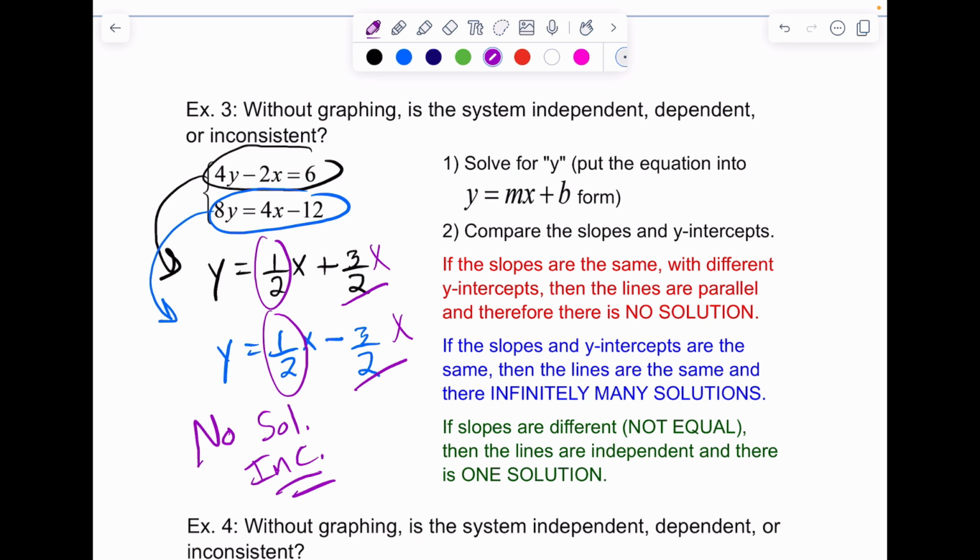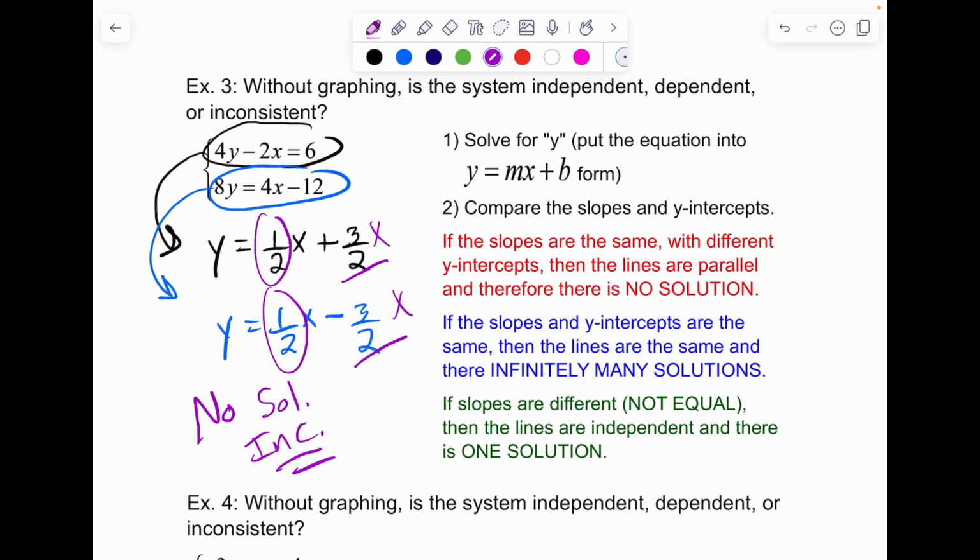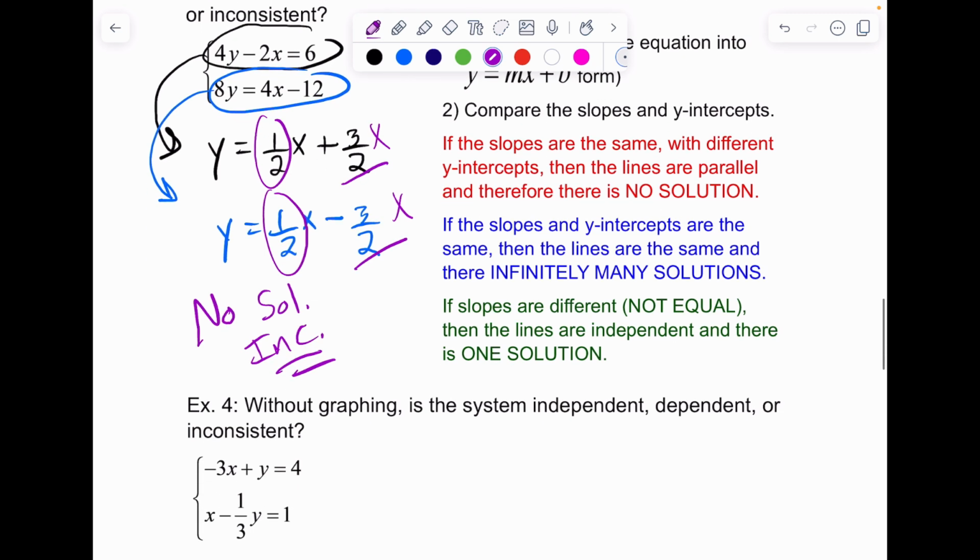Let's look at the blue. If the slopes and the y-intercepts are the same, then the lines are the same, and therefore you have infinitely many solutions, and that would be consistent dependent. And in green here, if the slopes are different, then the lines are independent, and there is one solution, consistent independent.